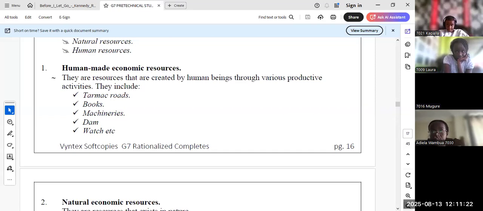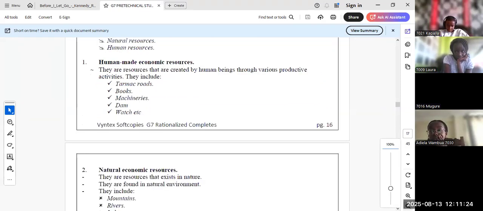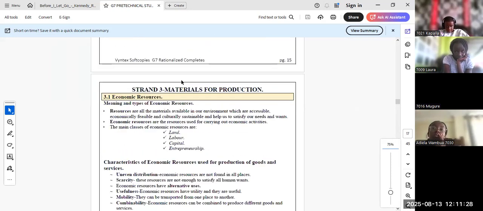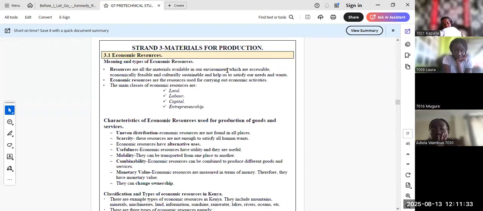So, in parting shot, to wrap up the lesson, we have started with the materials for production, and we were looking at the meaning and types of economic resources. So we have defined resources, and we said these are all the materials available in our environment, and they help us to satisfy our needs and wants.